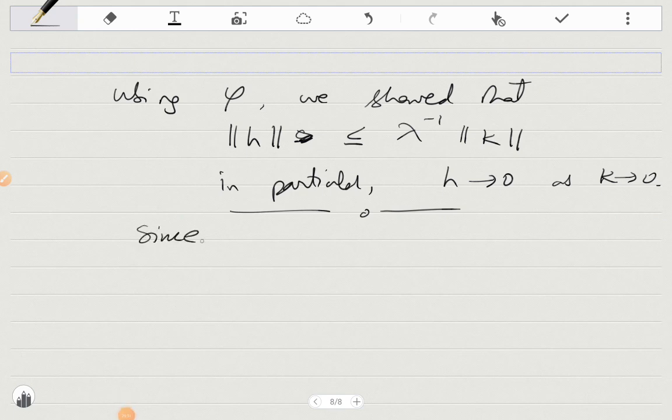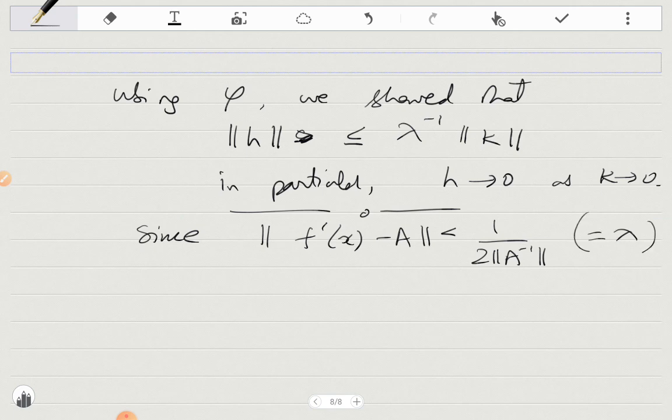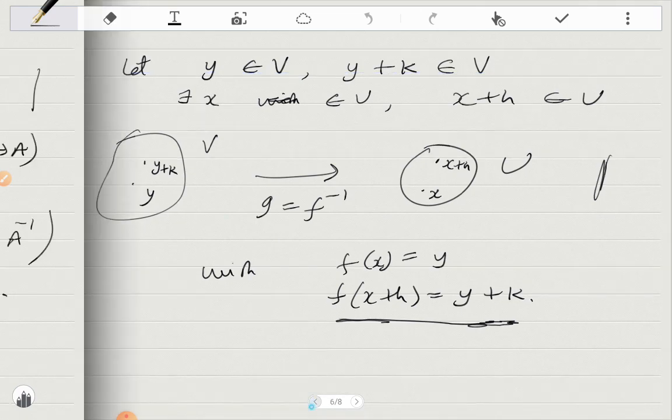Since norm of f prime x minus A is less than 1 over 2 norm A inverse, this was what we had called lambda, for all x in U. Of course, the way we chose this right hand side, one already assumes that one knows this lemma.